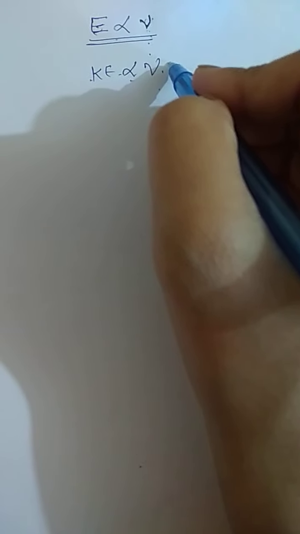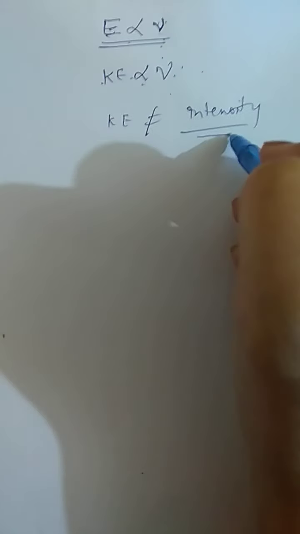It means kinetic energy also depends upon frequency, and frequency is how many wavelengths pass per unit time. Kinetic energy does not depend upon intensity. Intensity is the light radiation energy.